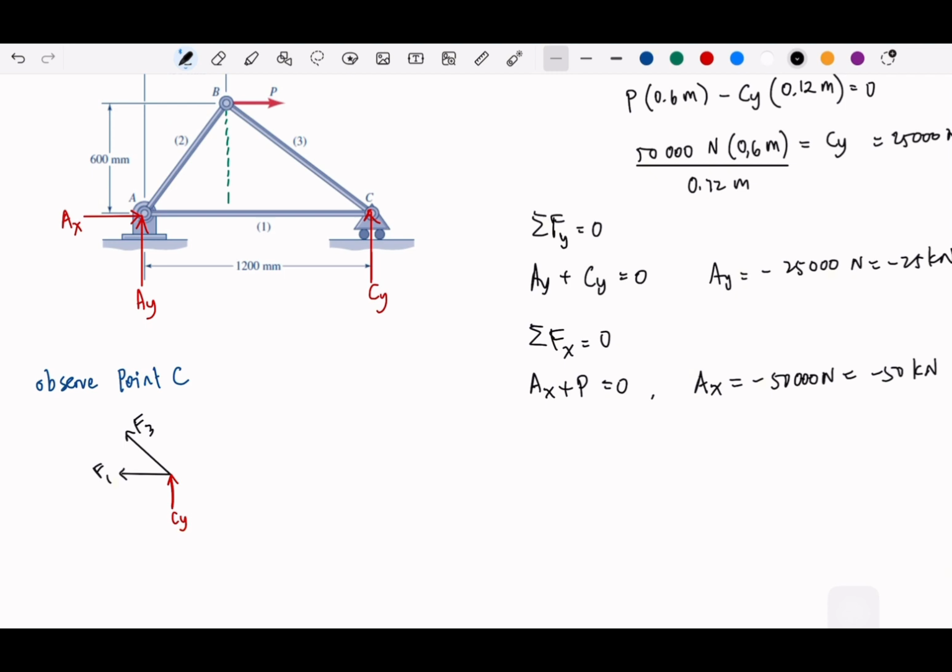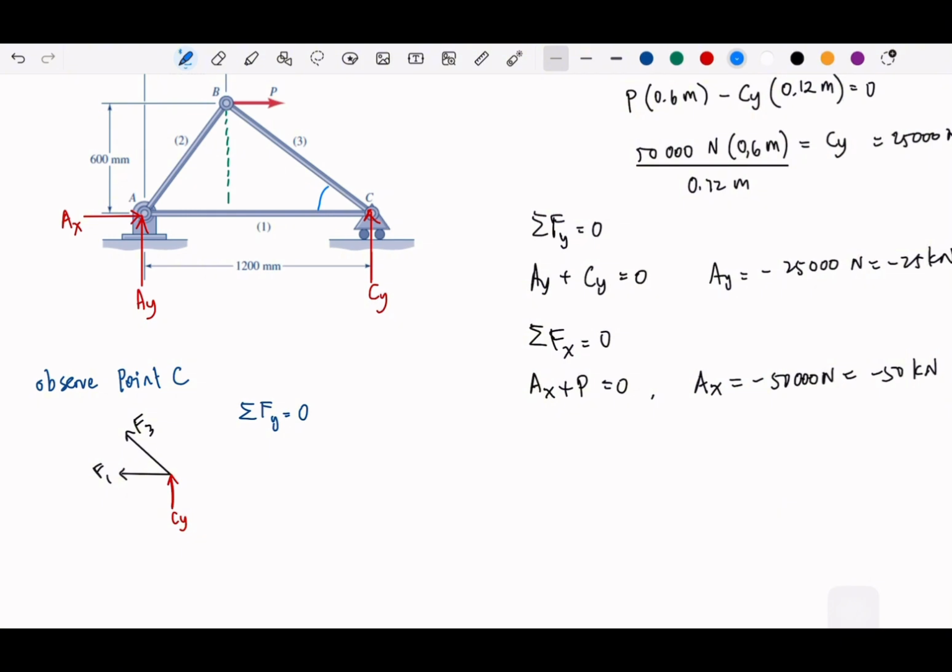So we are going to take the sigma F, maybe Y first. Suppose that this is the angle.